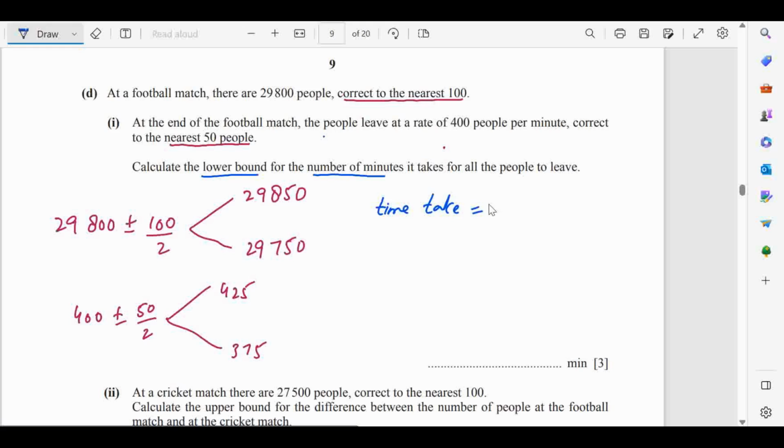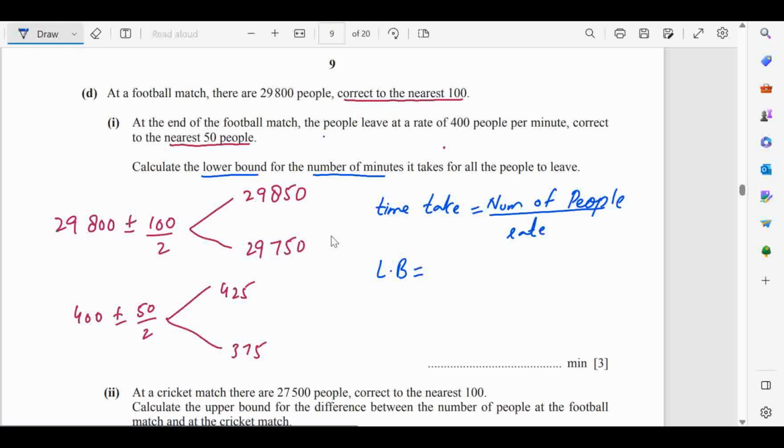So this must be equal to the number of people divided by the rate at which they are leaving. So we will use this formula. So lower bound. Okay, now for lower bound, we need to find out the lower bound.